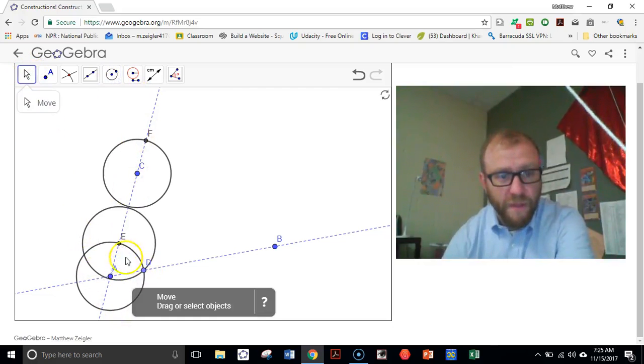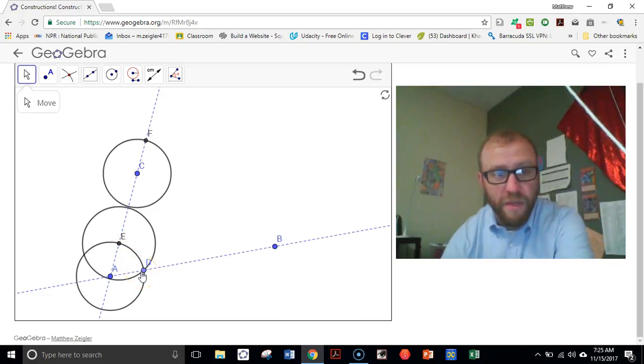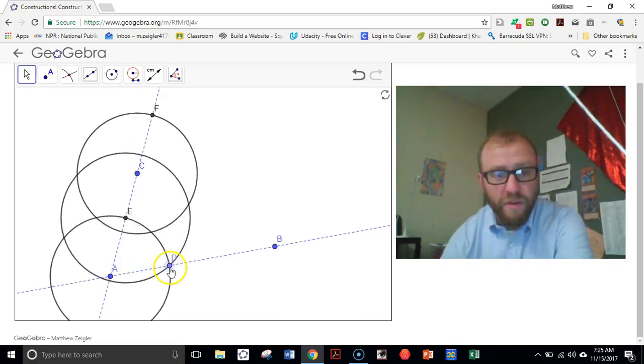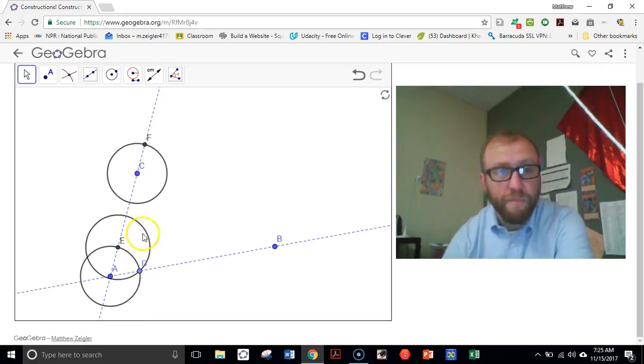All right. And so the radius of the small circle tells us how far apart E is from D, wherever D is. So then, I'm going to take my compass tool, mark that distance, I'm going to place it up here. So now F is that same distance from the place where these two circles intersect.